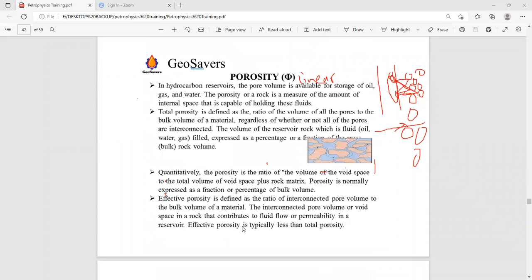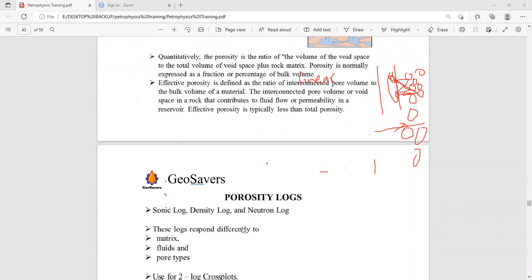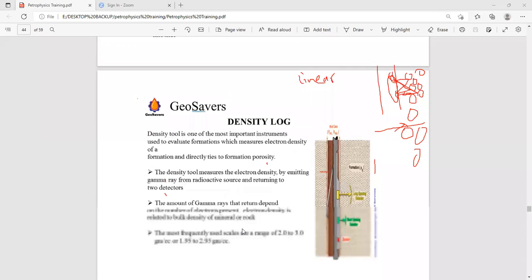All right, so even porosity, I think we have talked more on that. So this is the density log. I've already explained this, so I'll just brief through it so that we go ahead.